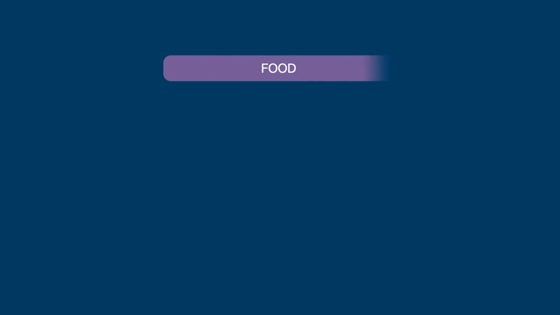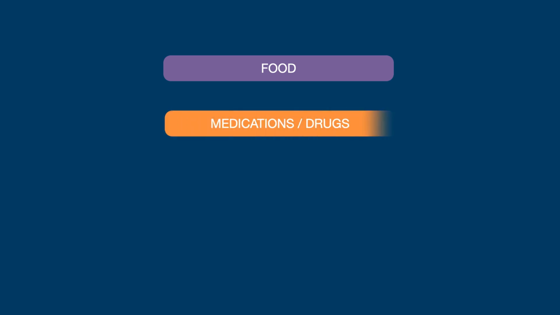So what can cause allergies? The most common trigger is food. Examples of food that are frequently associated with anaphylaxis are peanuts, wheat, nuts, seafood, milk, eggs, sesame and chickpeas. Medications or drugs. Any medications may potentially trigger anaphylaxis. The most common ones are beta-lactam antibiotics, followed by aspirin and NSAIDs.